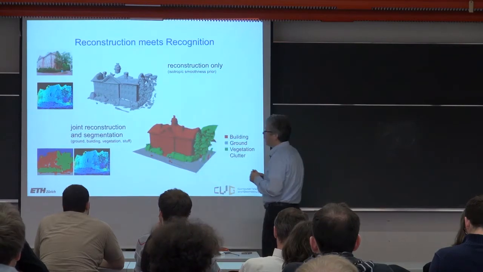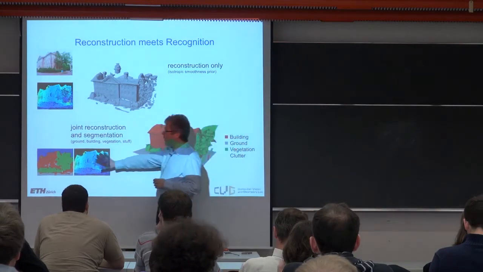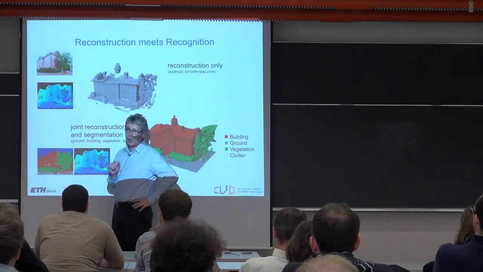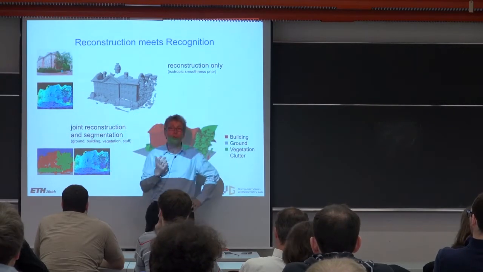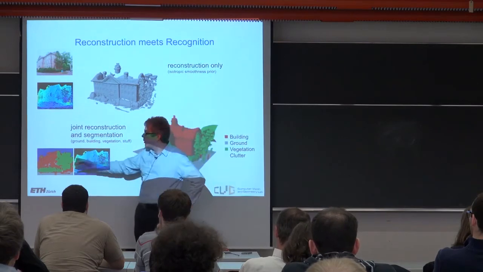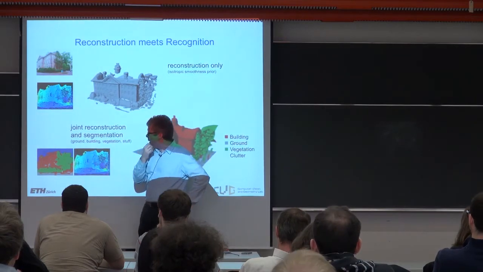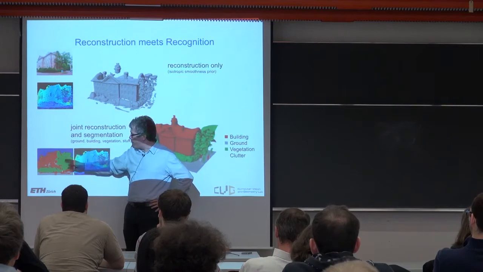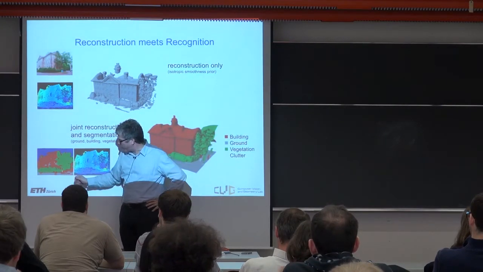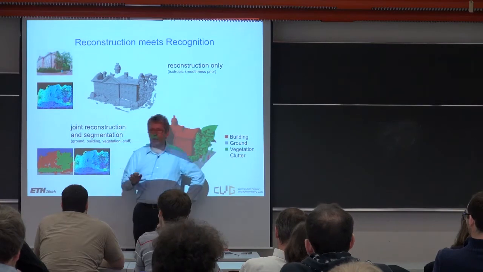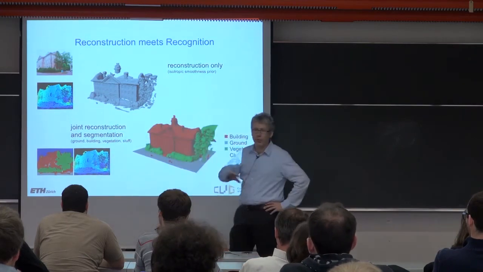Okay? So this is for this image, but at the same time we also want to look at the images and figure out what we are looking at. Here we've classified into a few simple classes: sky, building, vegetation, ground, and here you see a few pixels labeled as our remaining class, which is stuff, which is all the rest.